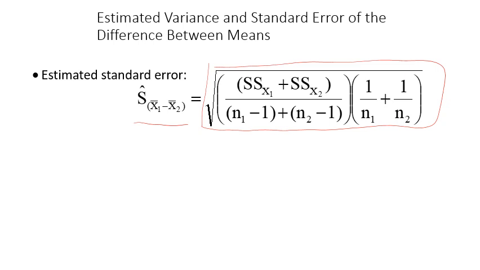You could also here do n1 plus n2 minus 2. In a sense, this is the degrees of freedom here. And then you have to multiply that by 1 divided by n1 plus 1 divided by n2 and take the square root of all of that to get your estimated standard error of the differences between the means.